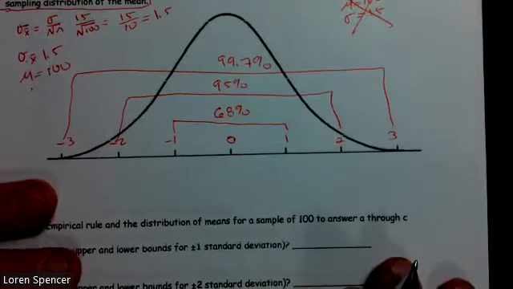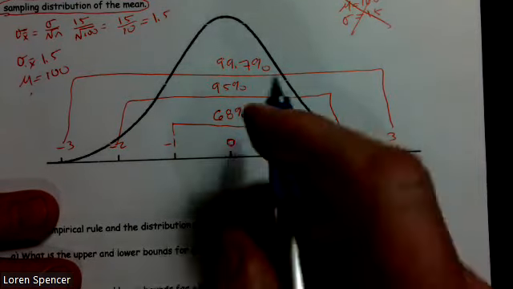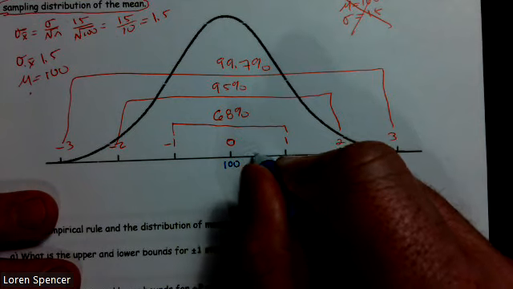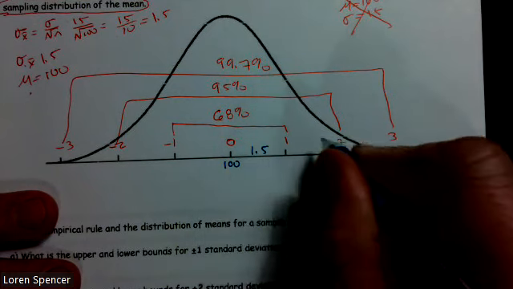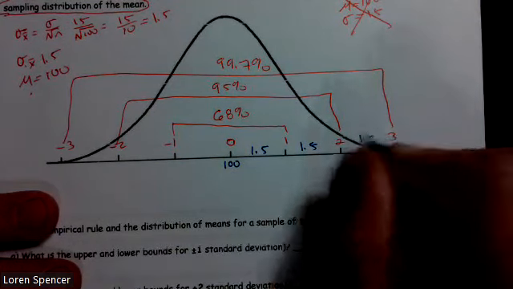So that didn't change, even though our standard deviation is different. Our mean is the mean is the mean, so our mean is still 100, but our standard deviation is now 1.5 as opposed to 15.